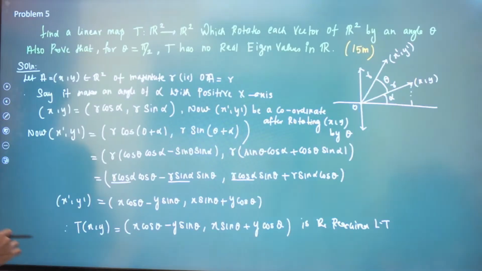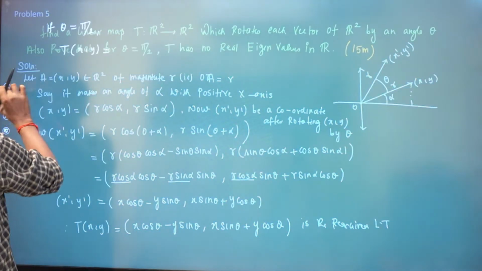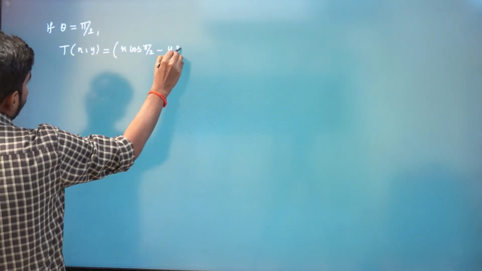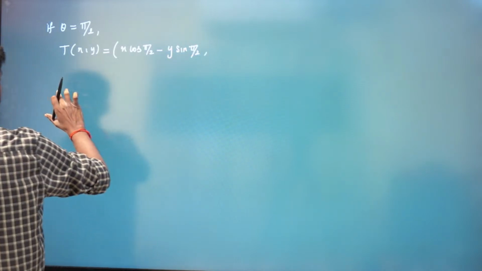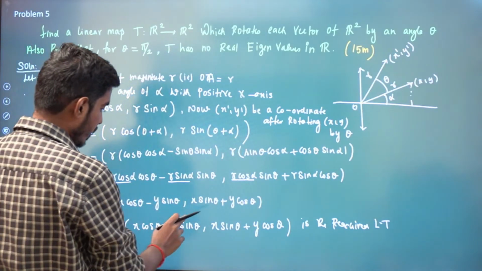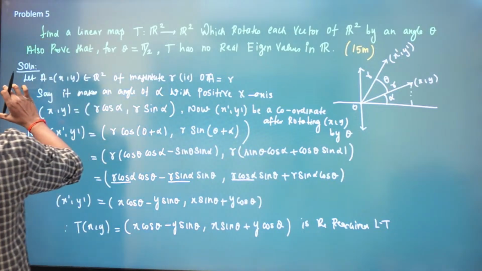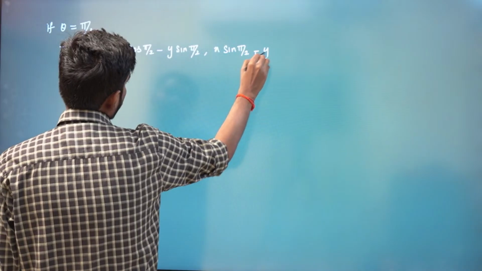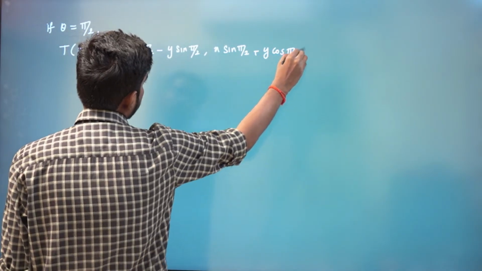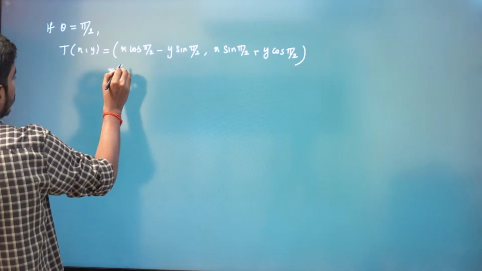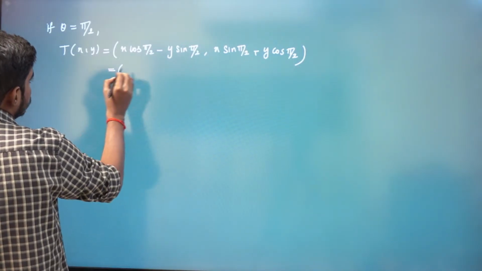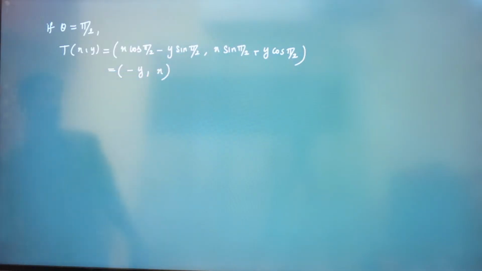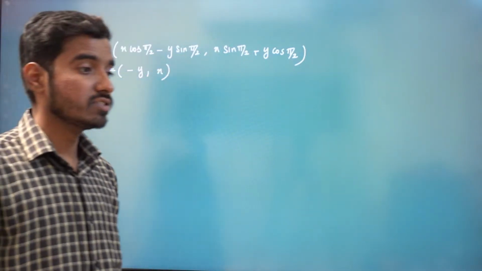It is x cos pi by 2 minus y sin pi by 2, comma x sin pi by 2 plus y cos pi by 2. So cos pi by 2 is 0, right? So this is given by minus y comma x. So T of x comma y is equal to minus y comma x.